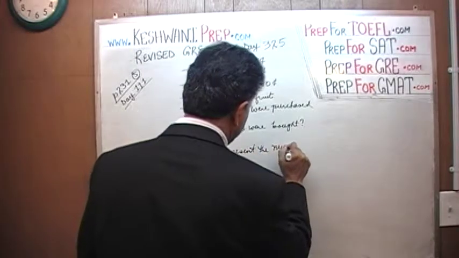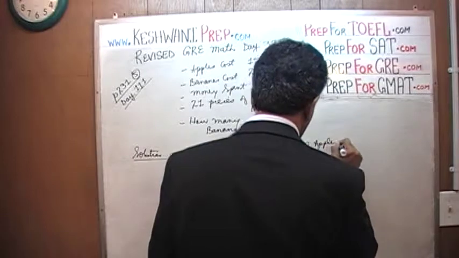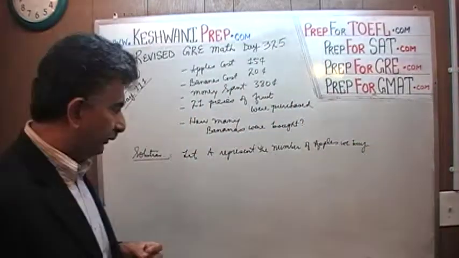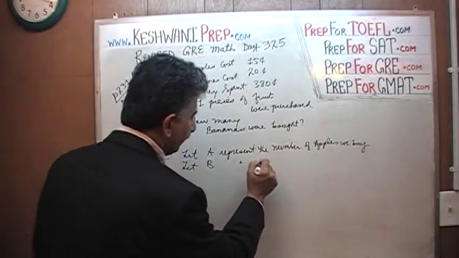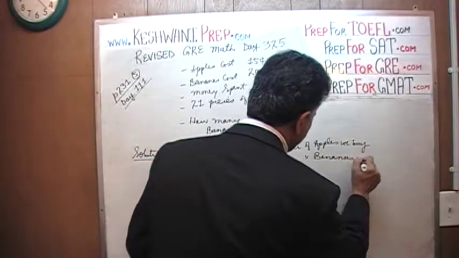the number of apples we buy. Similarly, let B represent the number of bananas we buy.